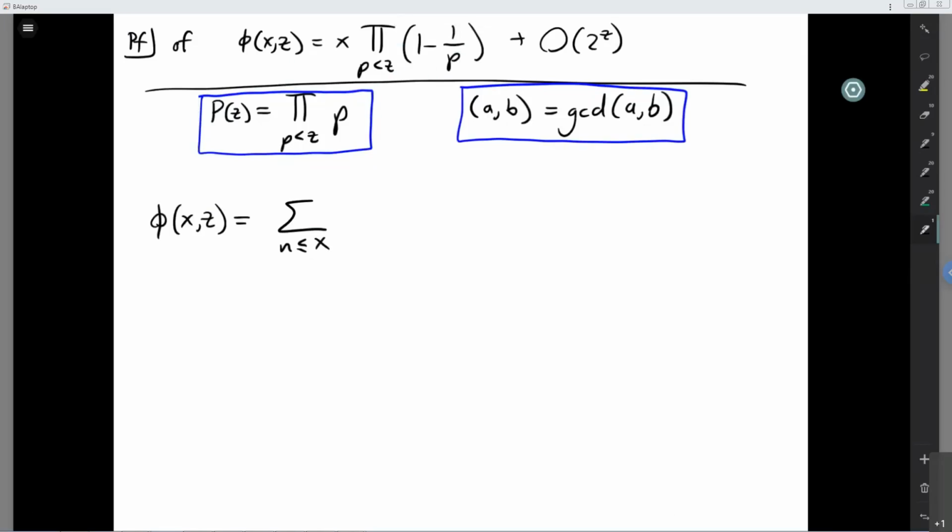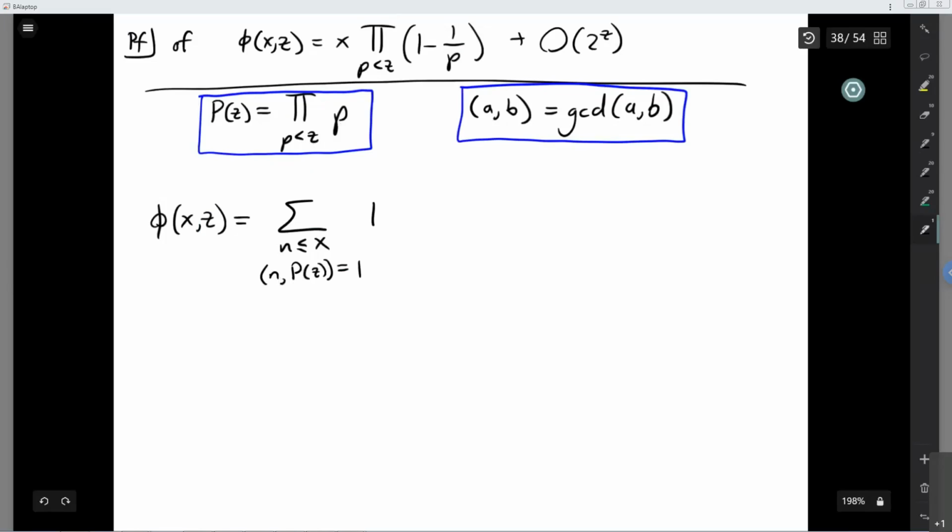Another way that we could write that is to say the GCD of n with this capital P of z number is equal to 1. That's the same statement as saying n is not divisible by any of those primes, because the GCD is a common divisor between n and this product of primes below z. If it wasn't 1, you would be able to find a prime that divided them both.